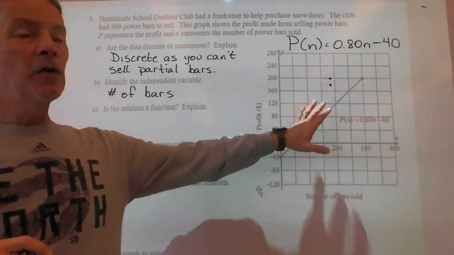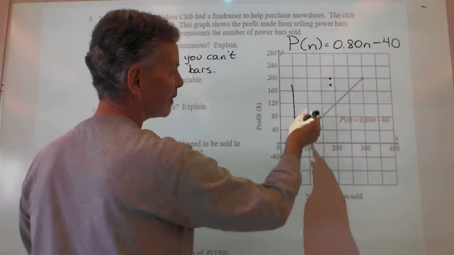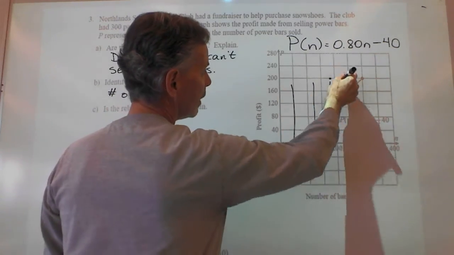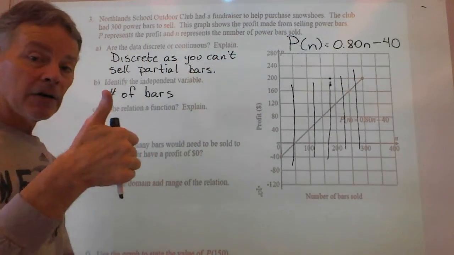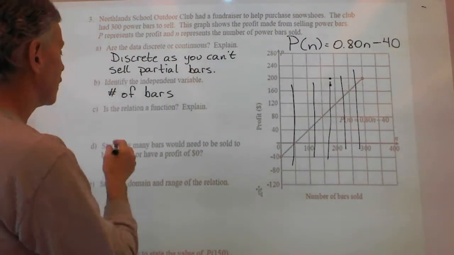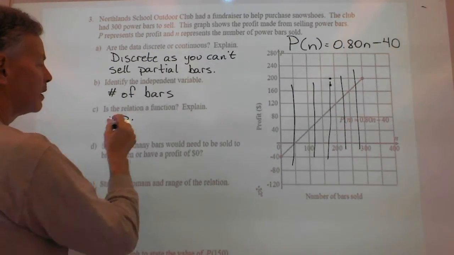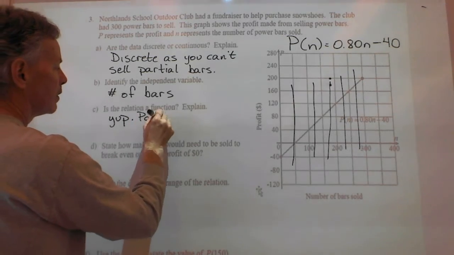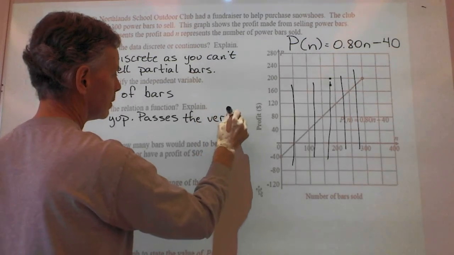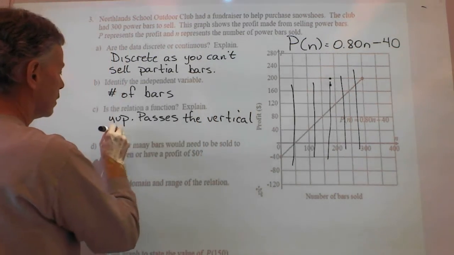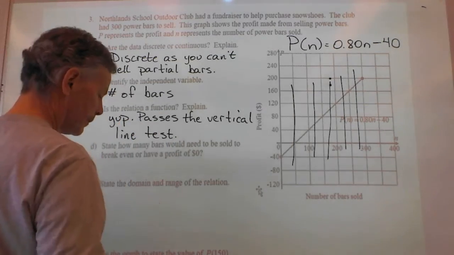Well, again, if you have a graph, it's easy because you can just apply that vertical line test. And remember, if a vertical line only crosses once, then it is a function. Okay, so we can say, yep. Explain why. It passes the vertical line test.